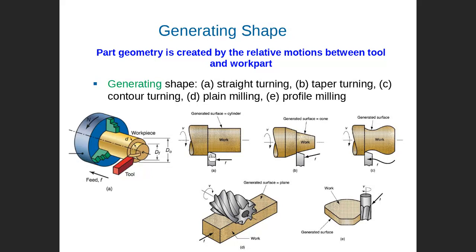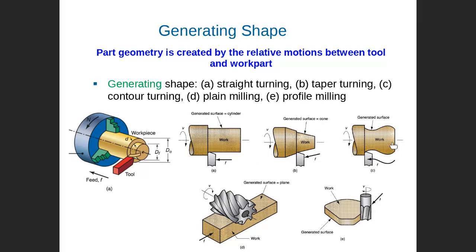Initially, the tool penetrates to get the depth of cut. The workpiece, for example, is rotating to provide the cutting speed. The tool penetrates to get the depth of cut, and the tool has to travel in a linear or axial direction, as you can see here, to cut the workpiece material from beginning to end.